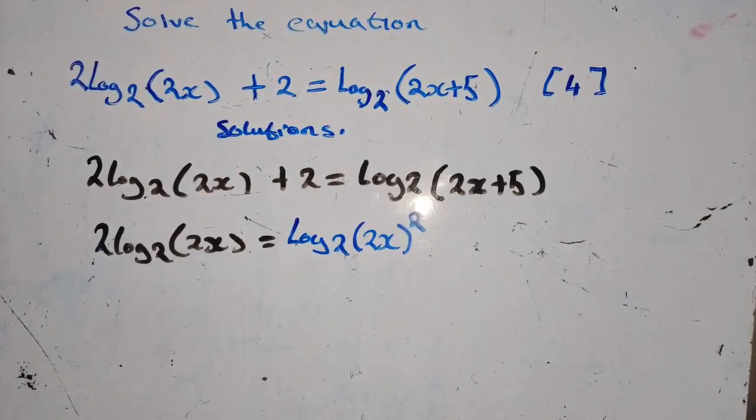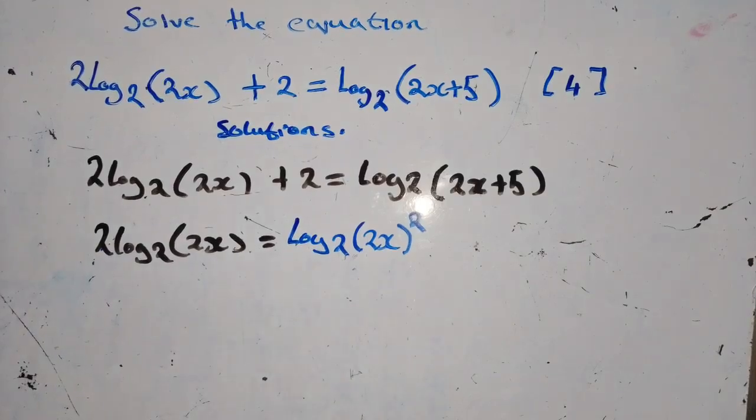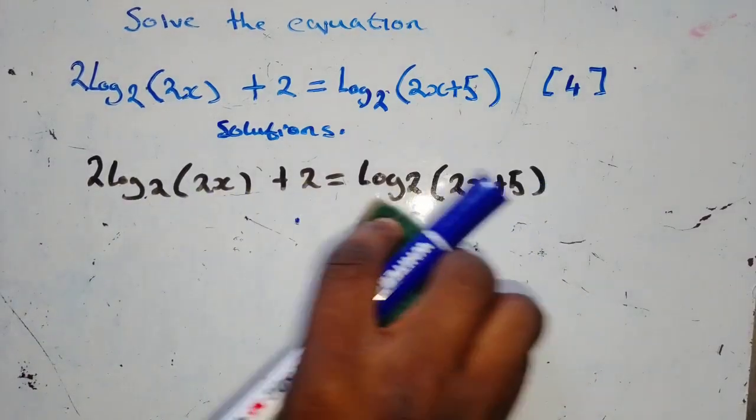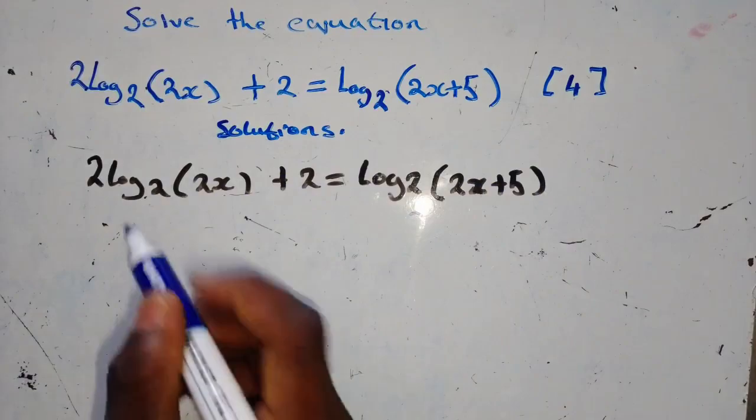There is no difference. This should be changed so that it becomes easy for us to solve. Since we have known how this can also be expressed, we can now proceed.